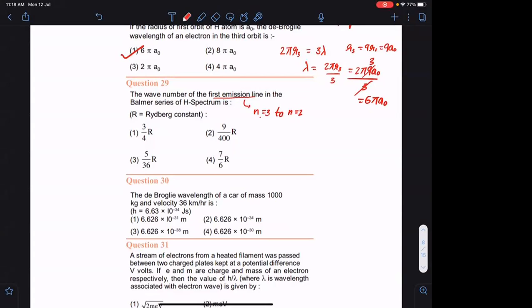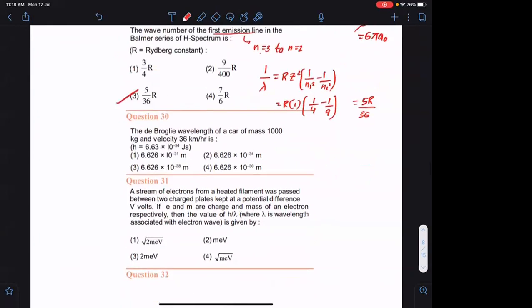What is the formula for wave number? 1 by lambda equals to R Z square times 1 by n1 square minus 1 by n2 square, which is R into 1 into, n1 कितना है? 1 by 4 minus 1 by 9. They're asking the wave number only. So which is equals to 5R upon 36. Option C. Any doubt?